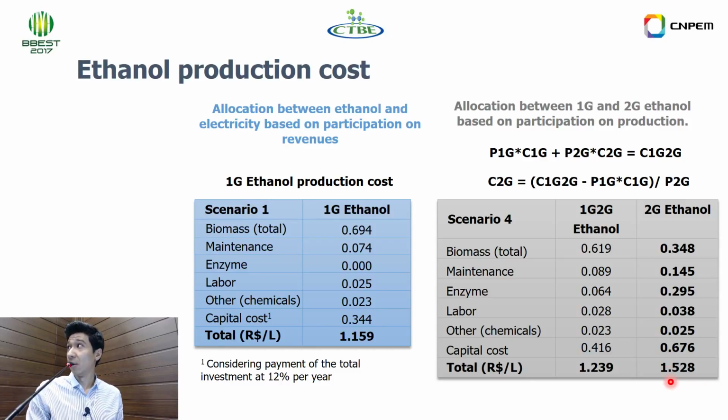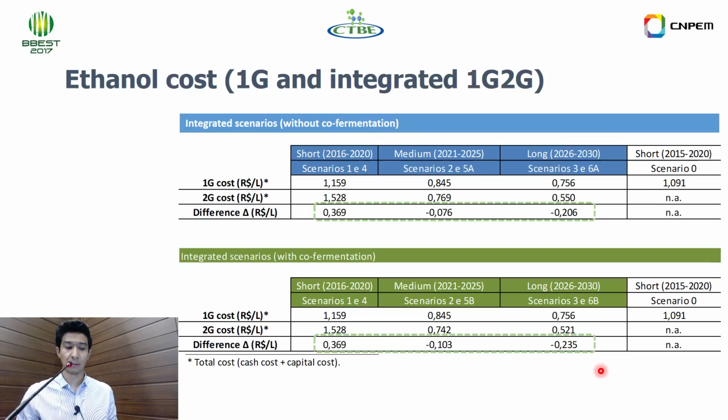So when we compare 1.52 at that time with 1.16, we can see that second generation did not have a lot to learn from the first generation technology yet. And then, as I said, the integrated ethanol cost is the weighted average of 1.16 and 1.52 times their participation.